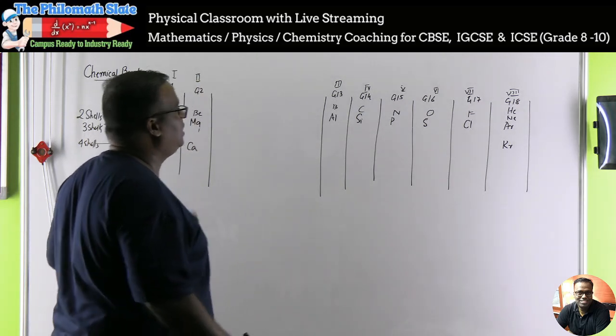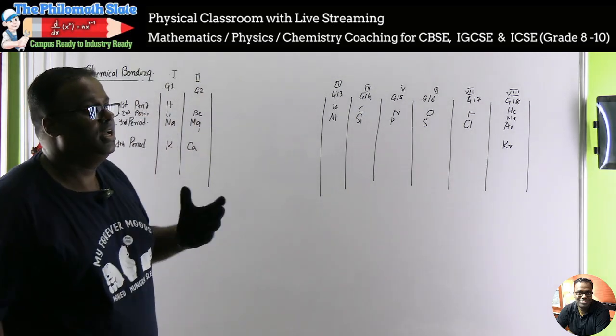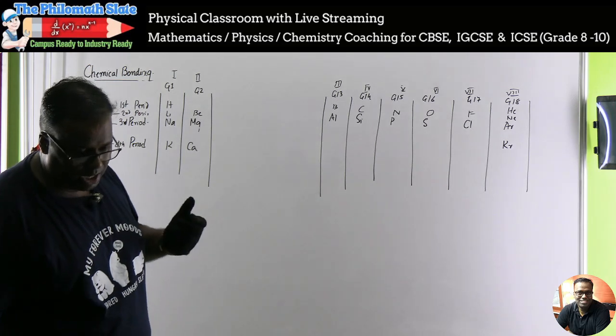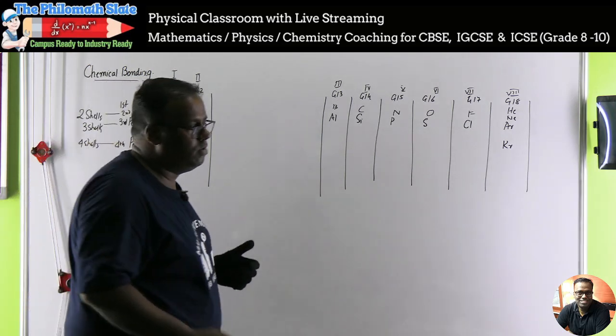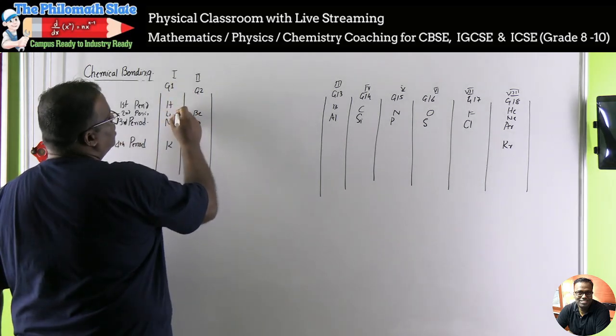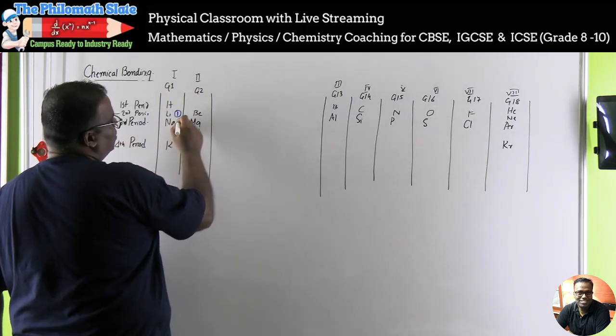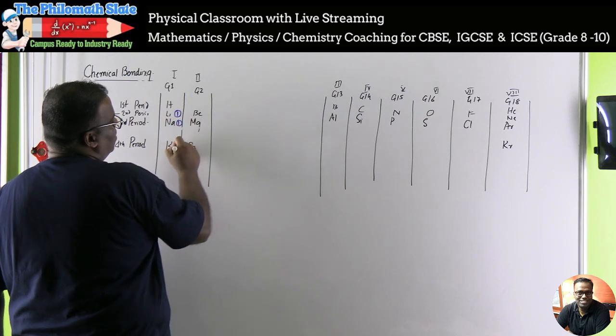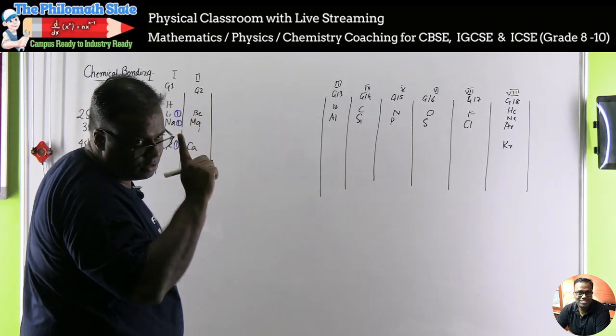Now we said that the atoms have got tendencies like either to gain, lose or share. So I'm going to write down the valence electron count. Let's say this is group 1. So hydrogen has got 1 valence electron, sodium has got 1, potassium has got 1 valence electron.